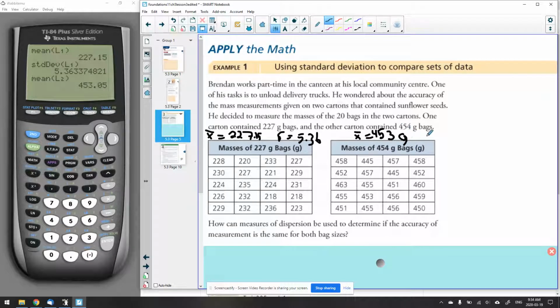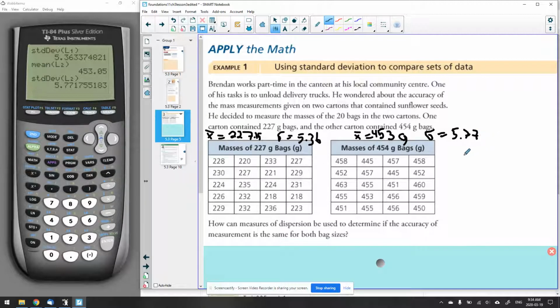Now we find the standard deviation, second, stat, move over to math, go down to standard deviation, number 7, choose list 2, and we find sigma is 5.77.